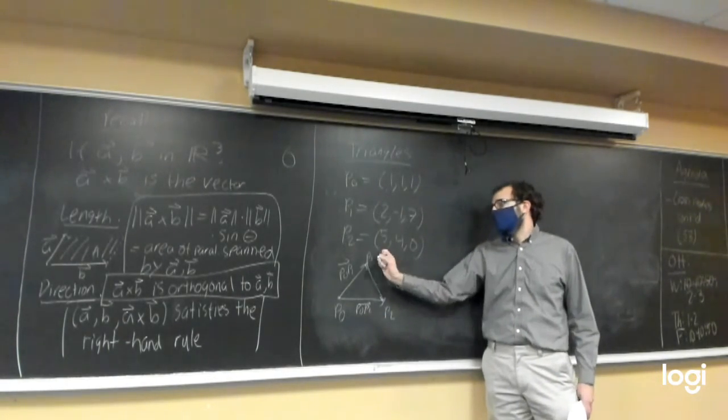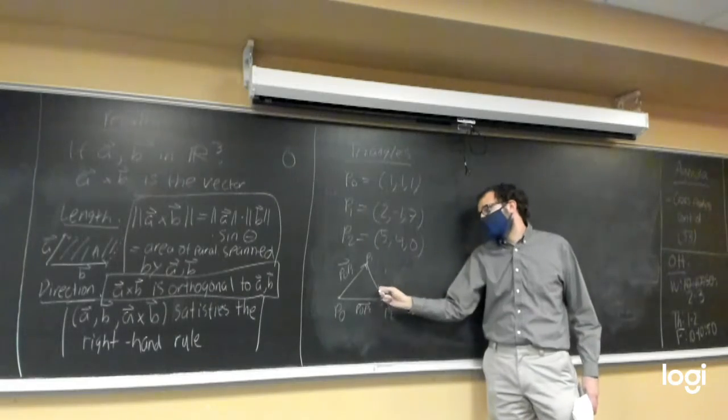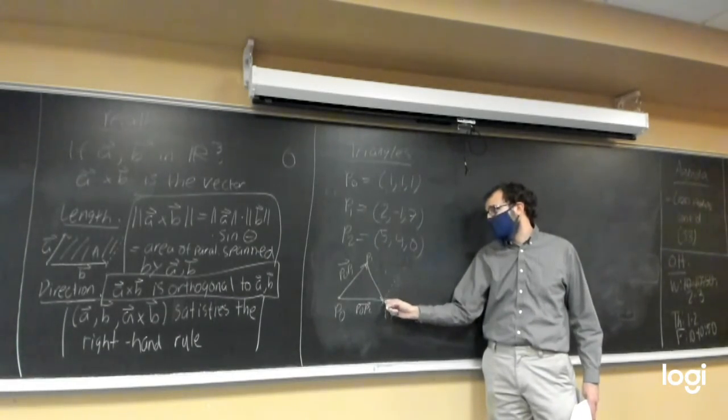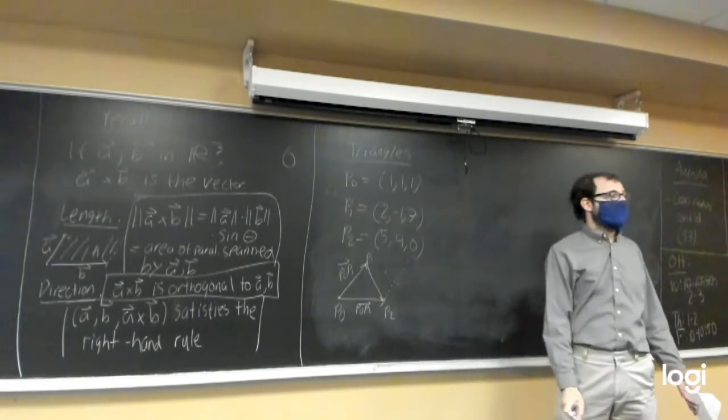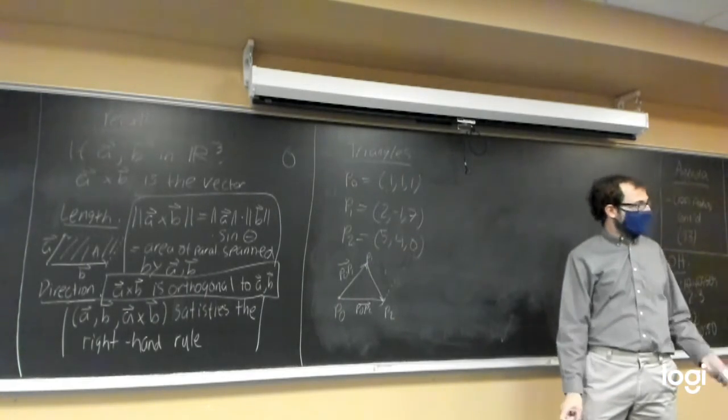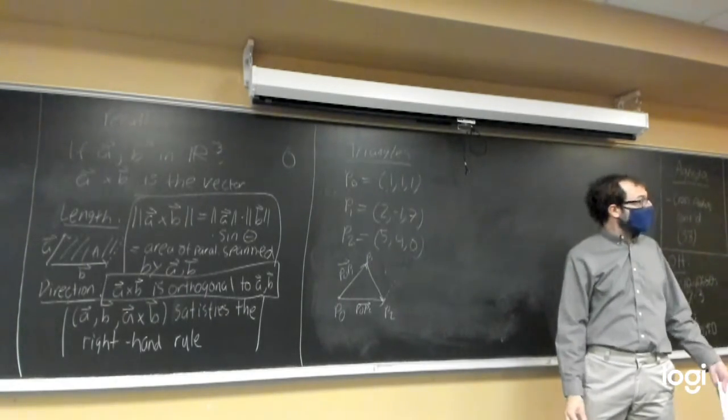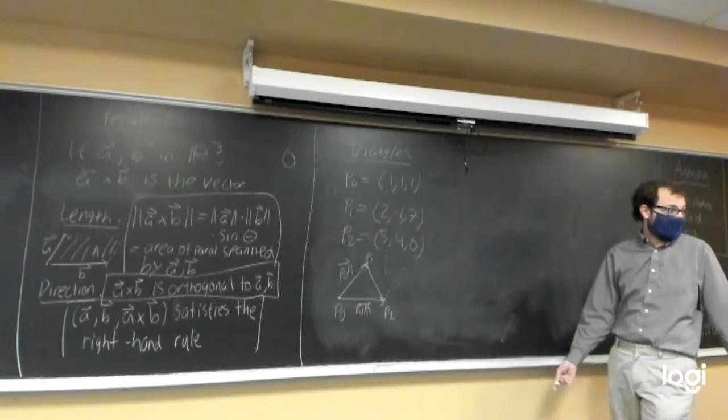And then if we take half the area of the parallelogram formed by P0P1 and P0P2, then that will give us the area of the triangle that we're looking for. Yeah, that's a good thought on that. Yeah, that's exactly what we're going to end up doing.